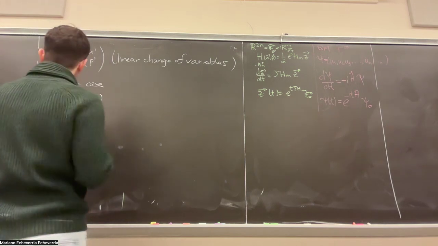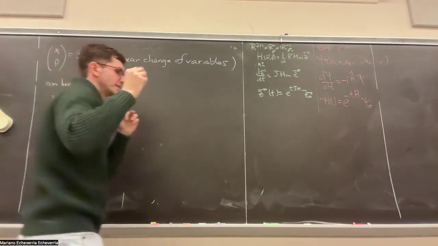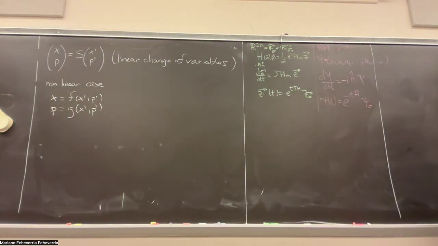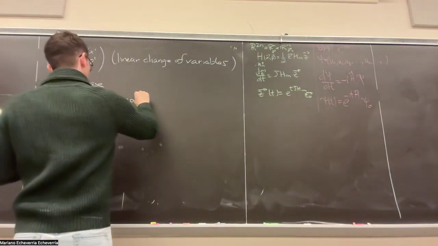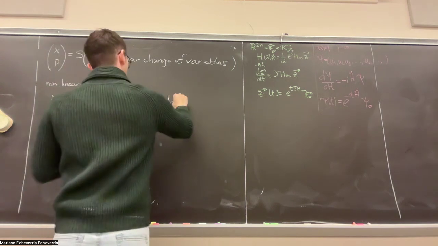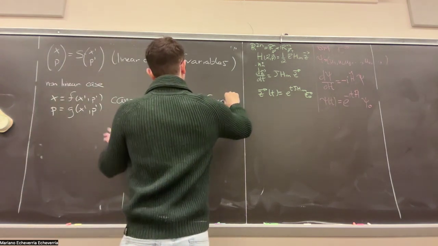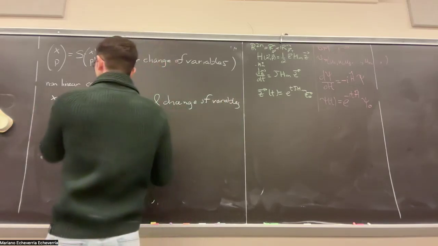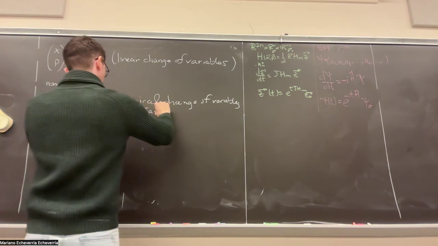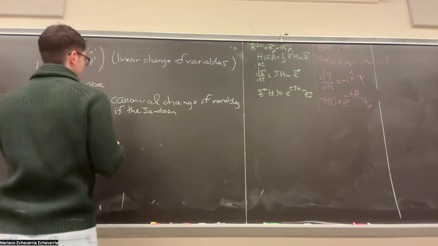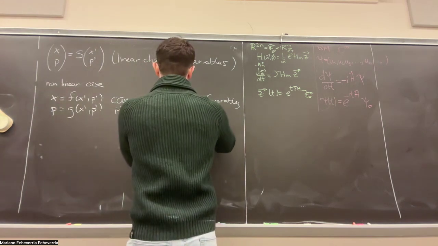Then what ends up being the right definition for a change of variables to be canonical is this: a canonical change of variables is one where the linearization of this transformation, which is the Jacobian, is a symplectic matrix. Because remember, the Jacobian is always a matrix, so you can ask for that to be a symplectic matrix.